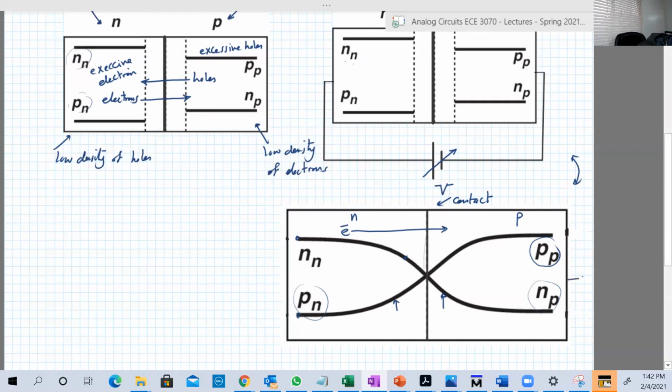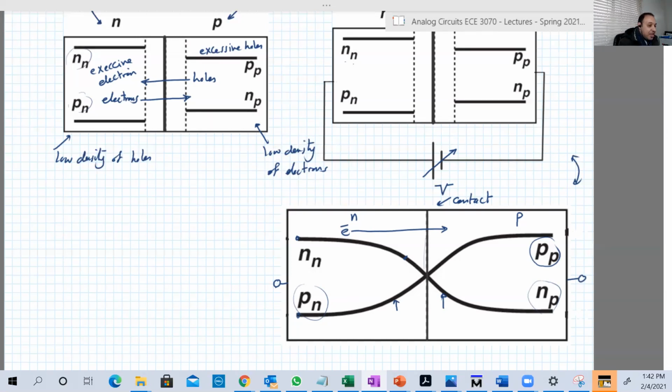Here I have an open circuit. Since it's open, there is no current, right? So there should be some time in the future after making the contact at which the current should be zero. And that's actually the case.